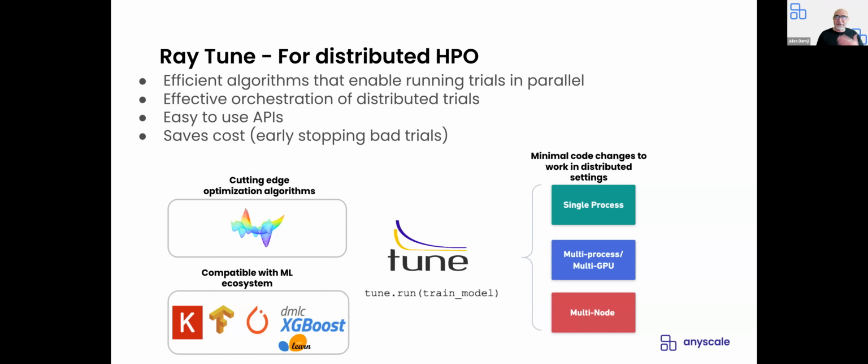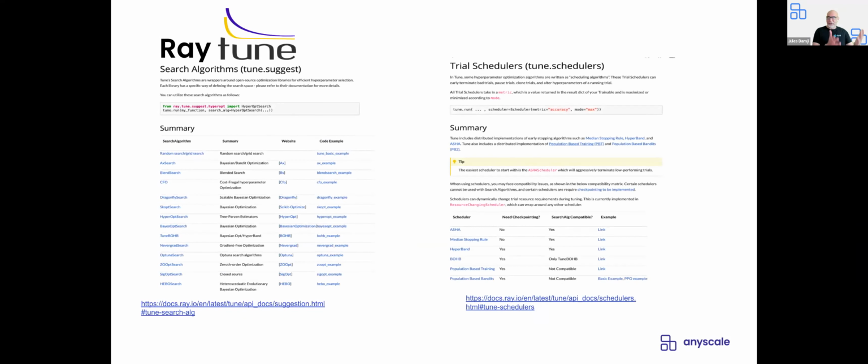And there are schedulers that you can use in Ray Tune that figure out, oh, this combination of hyperparameters is not good, so I'm just going to early stop and go to the next one. All that is part of Ray Tune. And so these are some of the search algorithms that Ray Tune provides. And it's very simple. You just say, I want to use the hyperparameter search algorithm to do my searching across the config space that I provided.